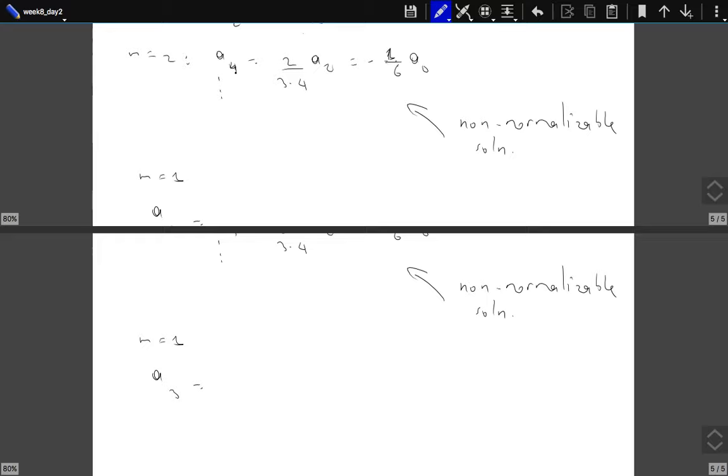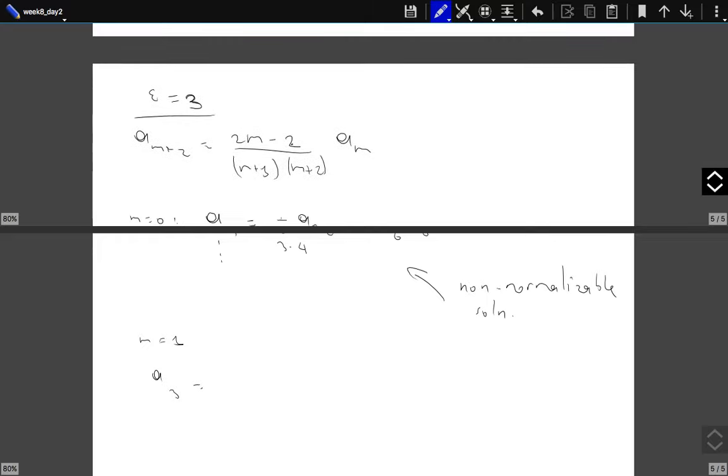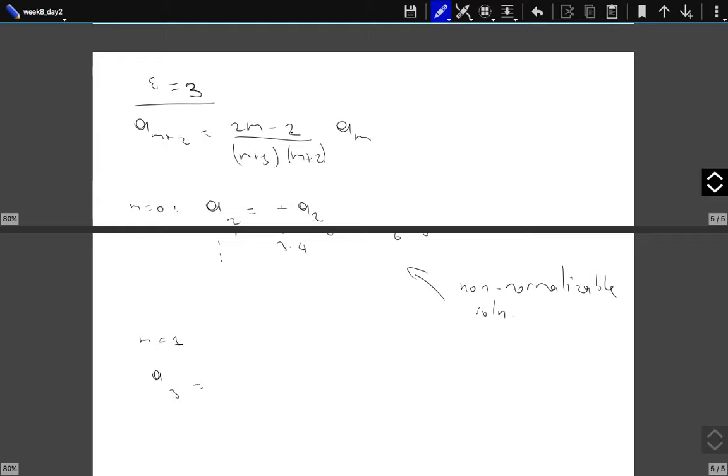This is not a normalizable solution. Now, if we put m equal to 1, A3 is 0. If A3 is 0, A5 is 0, A7 is 0, etc. So phi1 of u, there's only A1. A1 is non-zero. It's just u, up to normalization.